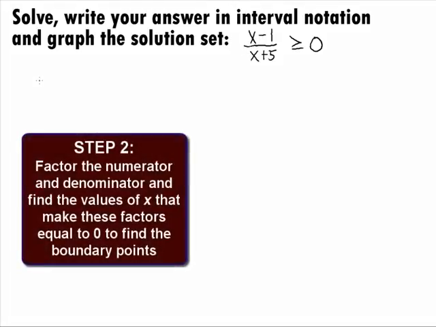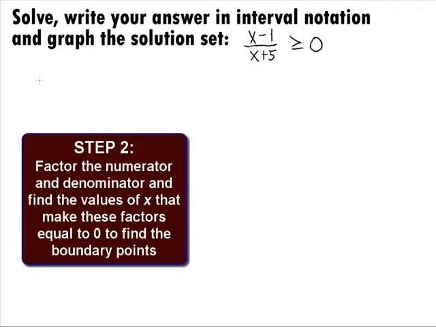In step 2, we want to factor the numerator and denominator and find the values of our variables that make these factors equal to 0 to find the boundary points. The boundary points will mark off where the rational expression is equal to 0 or undefined, which is where the denominator is 0. This is like the crossover point since 0 is neither positive nor negative.